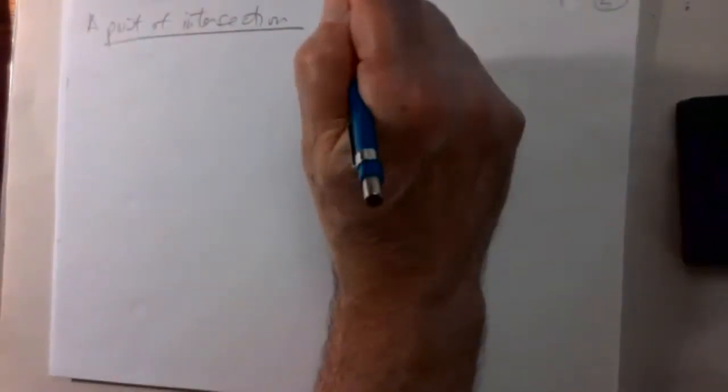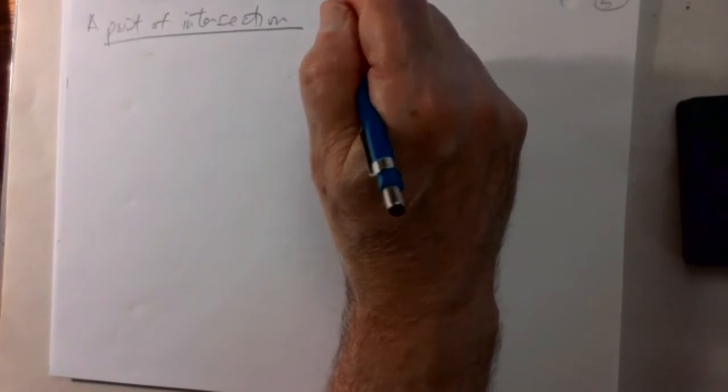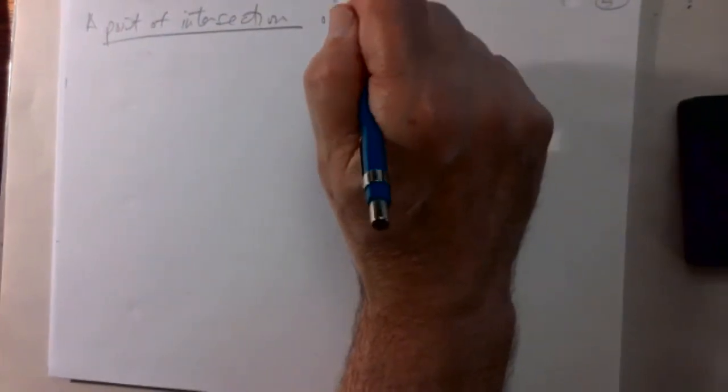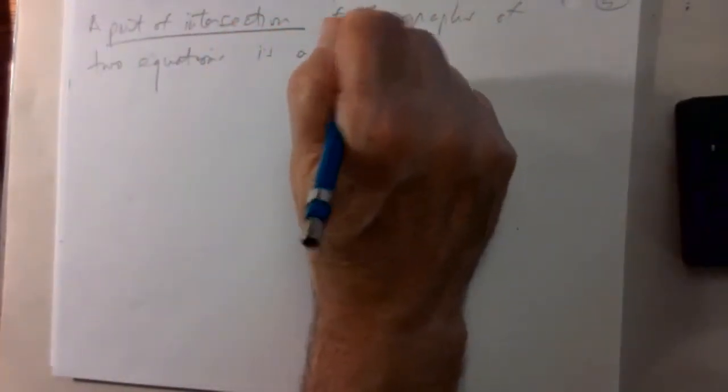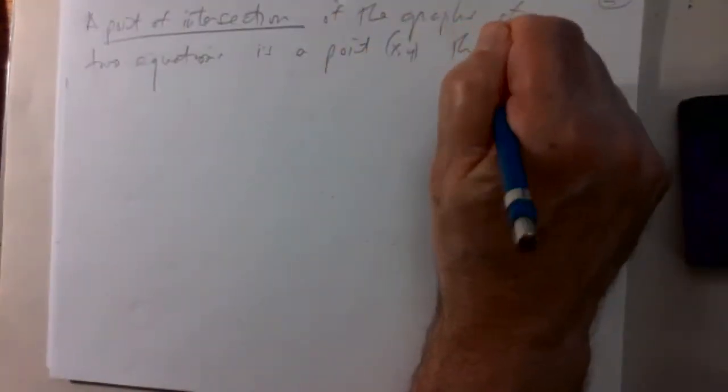So a point of intersection of the graphs of two equations is a point (x, y) that satisfies both equations.